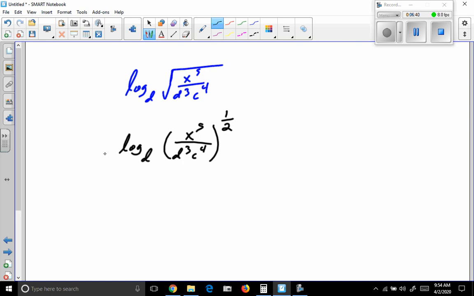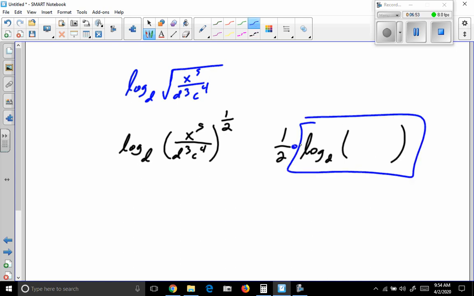Now, we have to be careful if we do it that way, because when we bring that 1/2 in front of our logarithm, whatever we do to rewrite that part, that 1/2 is multiplied times all of it. So if we rewrite that as 2 or 3 different terms, each one of those gets multiplied by 1/2. And that's fine to do it that way if you prefer.